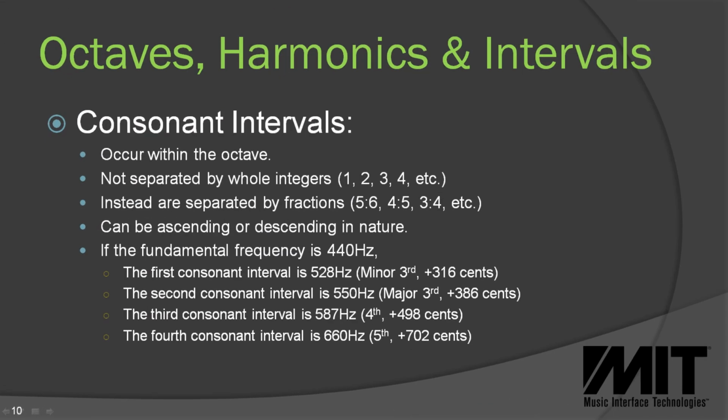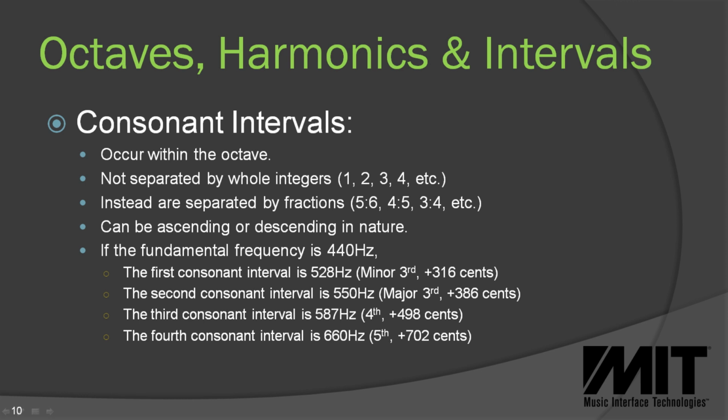Now, the final thing that we discovered is what we call F.A.T, Fractional Articulation Technology. F.A.T is based on an understanding of musical intervals within each octave. We call these intervals consonant intervals. The word consonant just simply means pleasant, pleasing to listen to.